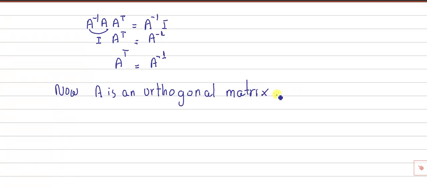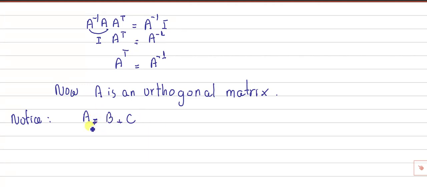It's an orthogonal matrix. And notice that A is equal to B plus C. A equal to B plus C.